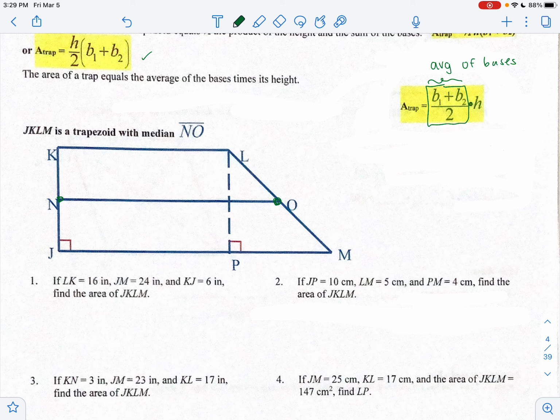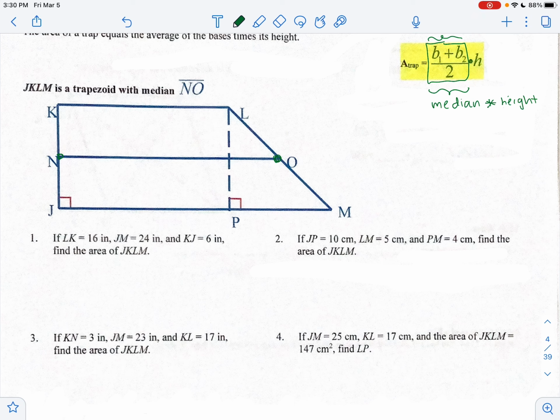And the median will also define, I know we had mentioned the average of the bases. Another way of saying average of bases is also the median. So sometimes we would say that the length of the median is the average of the bases, and we've defined that before. And so sometimes the area of a trapezoid simply is described as the median times the height.